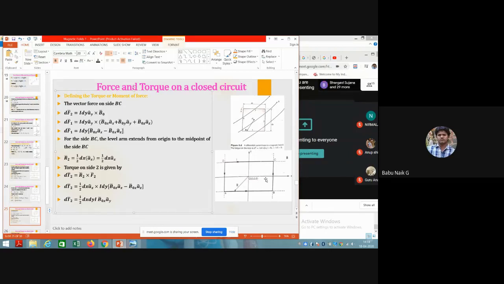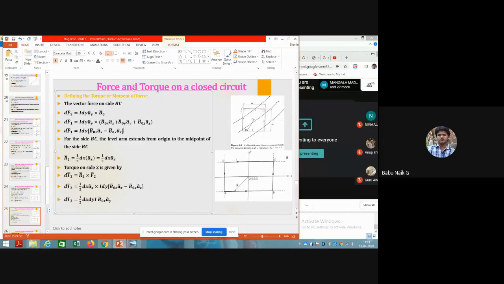Now we are considering this r2 vector, which is half of the complete dx, since we are considering half from the origin point. So it is half dx in the x-axis, so r2 equals half dx a cap x. Now the torque on this side of the BC, that is 2 here.